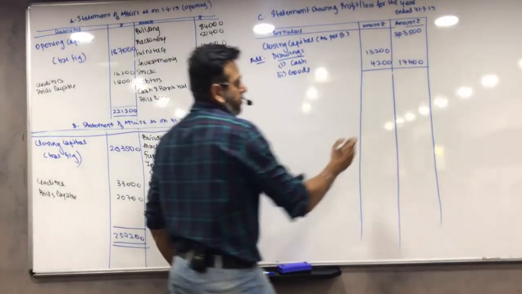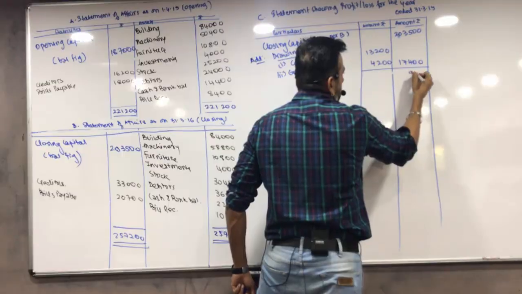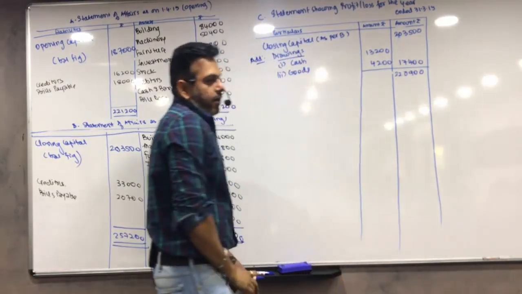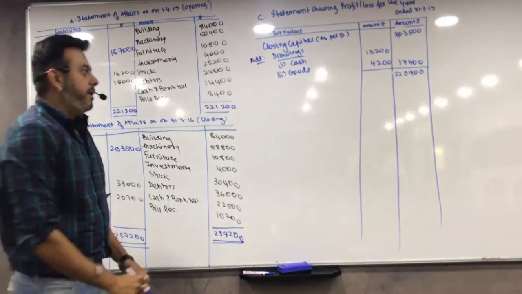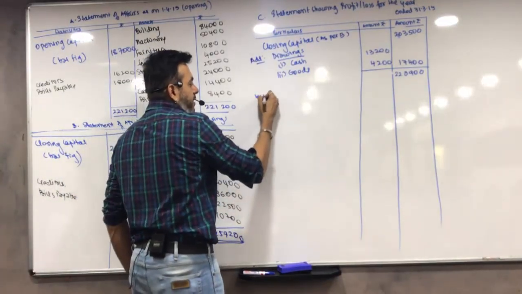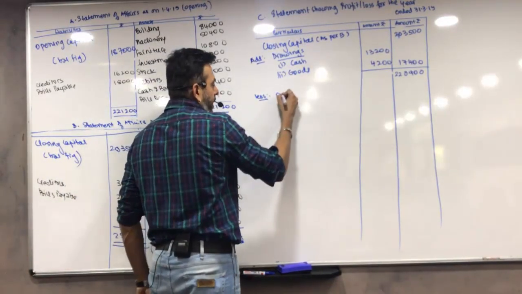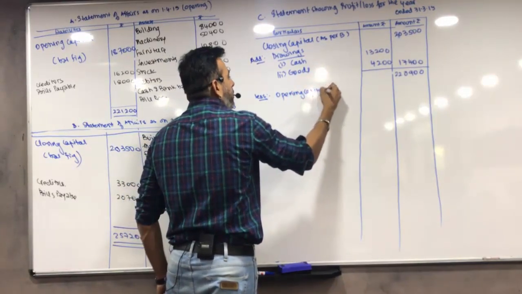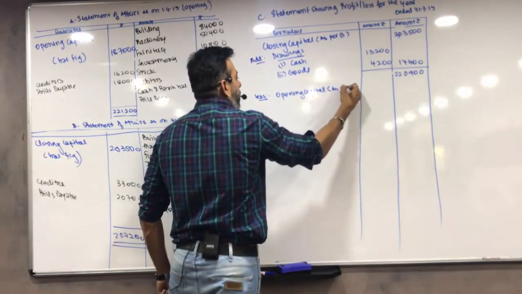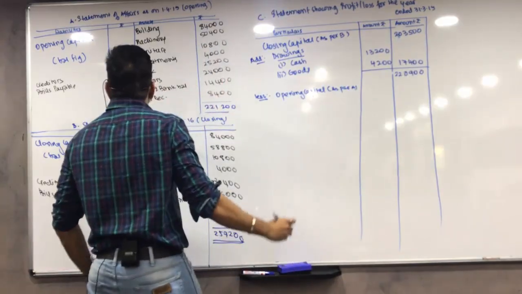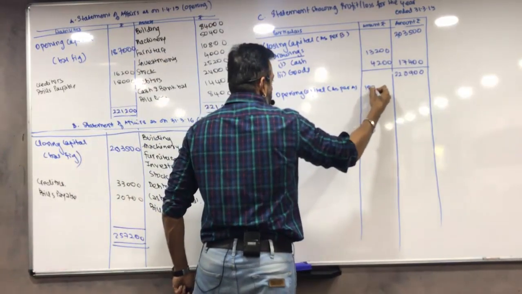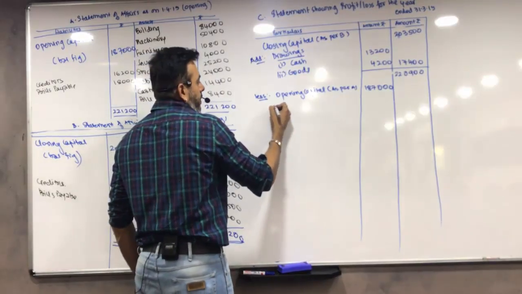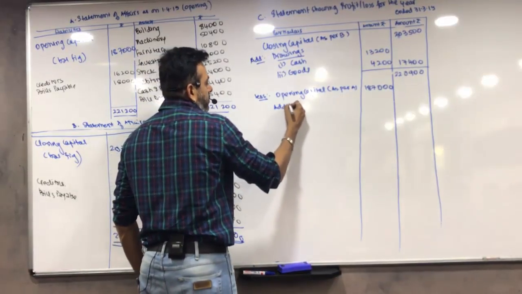What's the total? 2,20,900. Less, now what will we deduct from this? Opening capital as per A, in the inner column 1,87,000. Then additional capital.